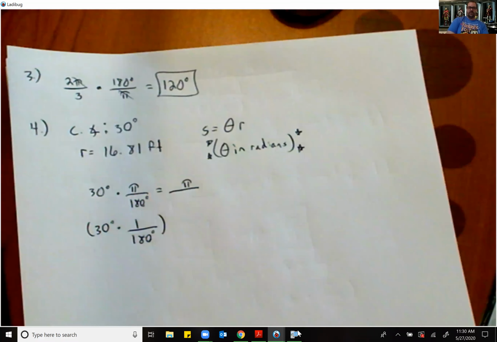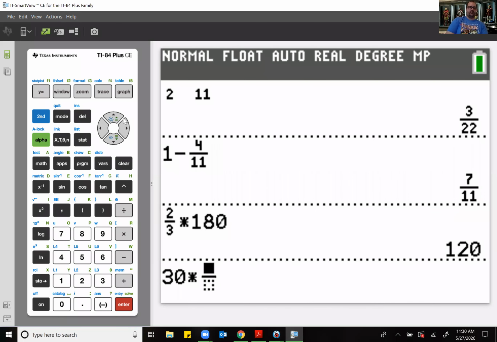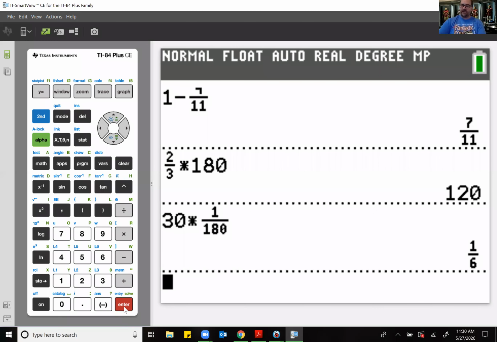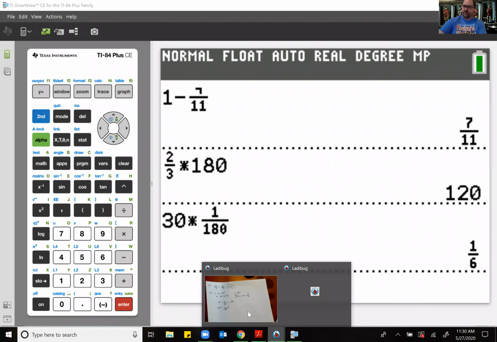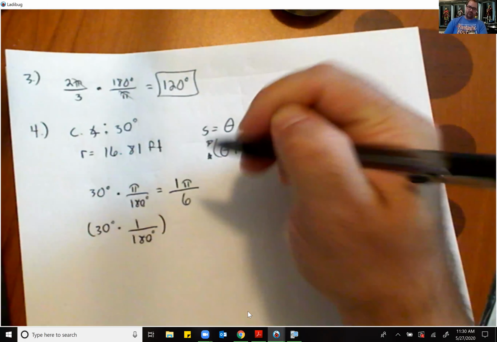So we take 30 times, not 300, silly me, 1 over 180. Hit your enter. And so our answer is 1 pi over 6, or you could just call it pi over 6.